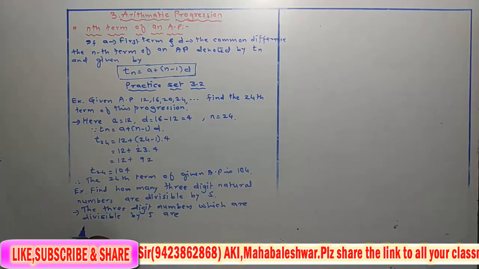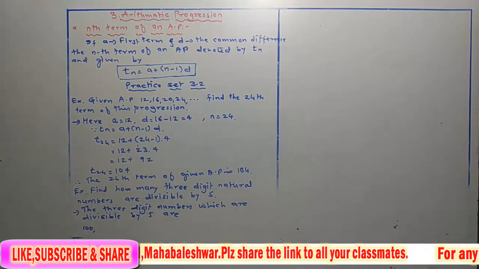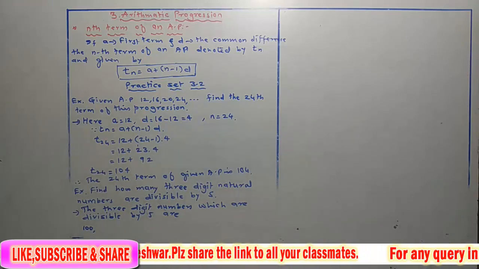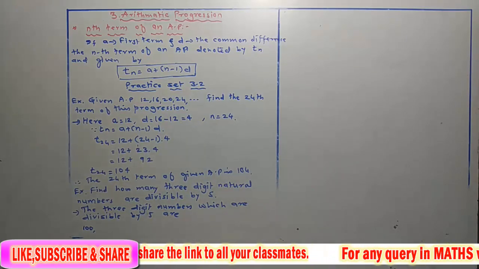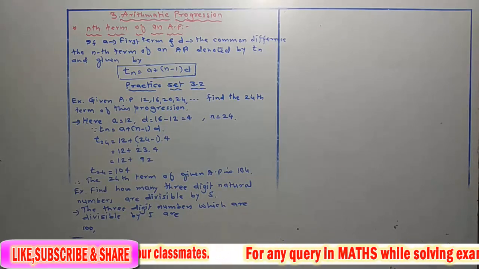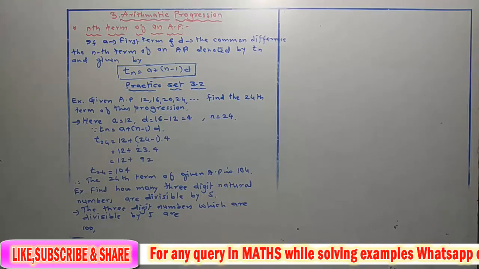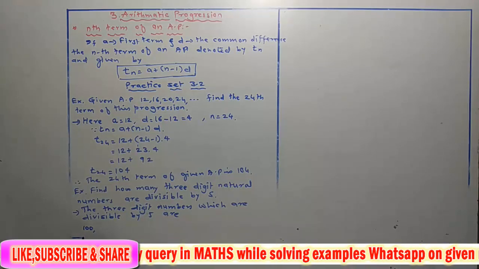So 100 is divisible by 5. When we say the given number is divisible by 5, if the unit place digit of the given number contains 0 or 5, then that number is always divisible by 5. That is the test of divisibility by 5. So 100 is divisible by 5.